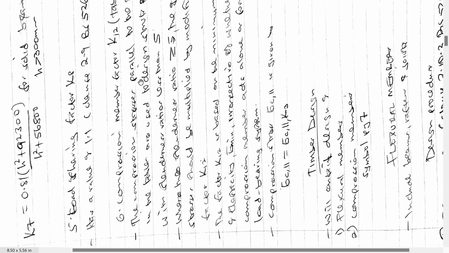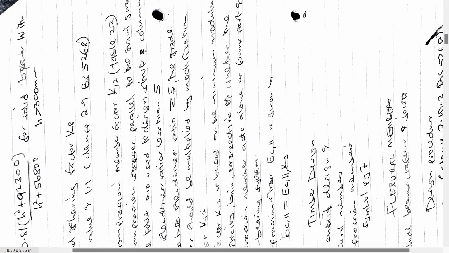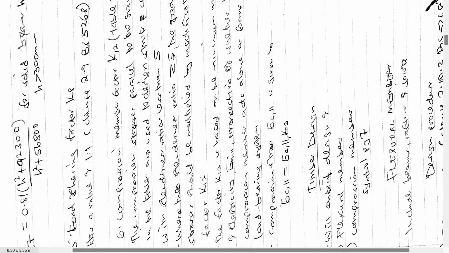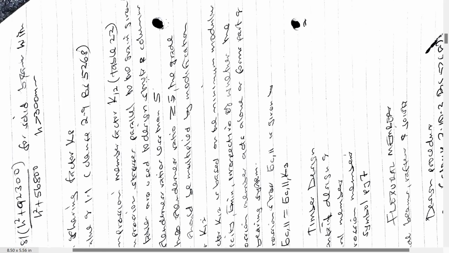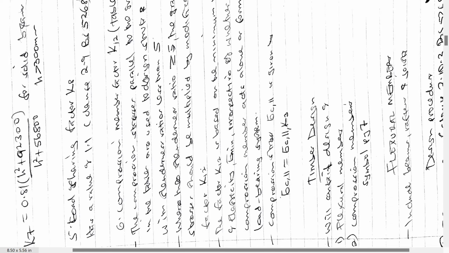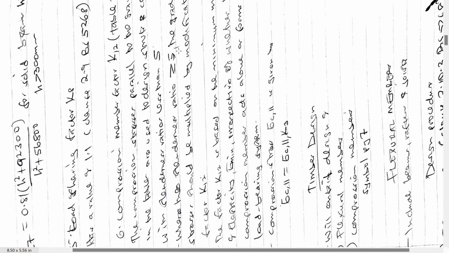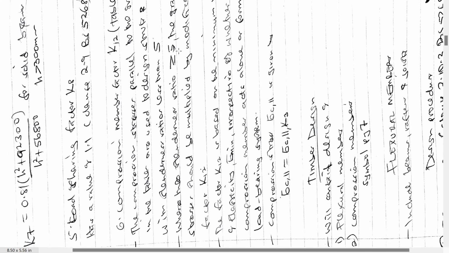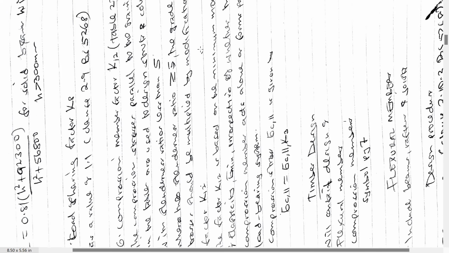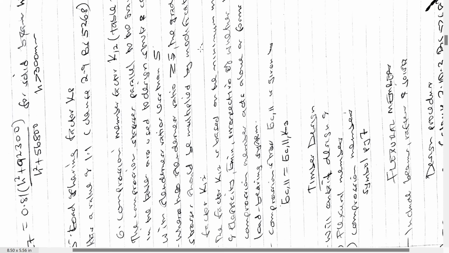So the compression stresses parallel to the grain given in the table are used to design struts and columns with slenderness ratio less than 5. So where the slenderness ratio is equal or greater than 5, the grade stress should be multiplied by modification factor K12.